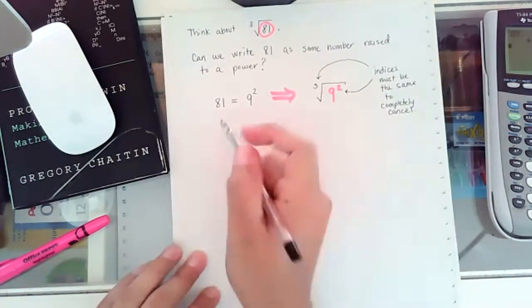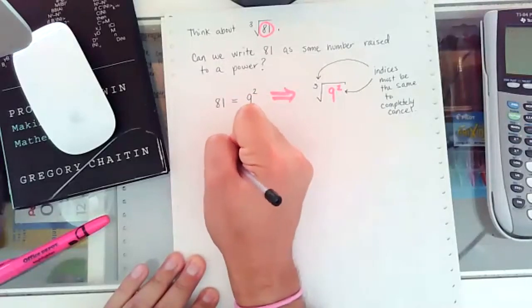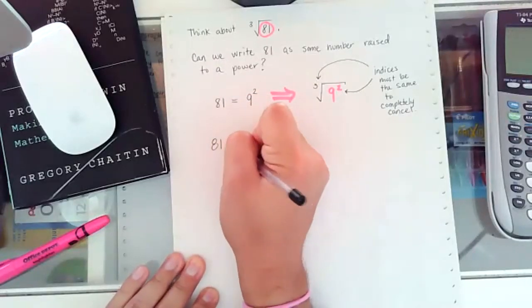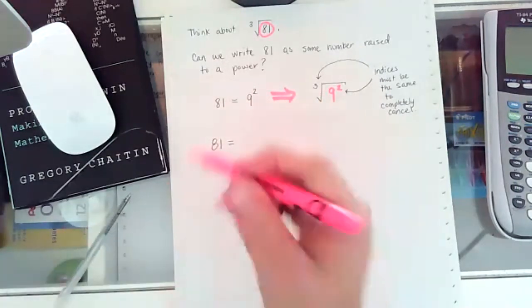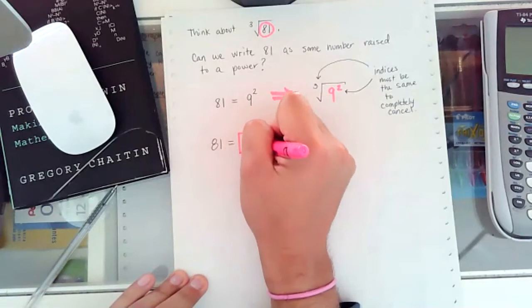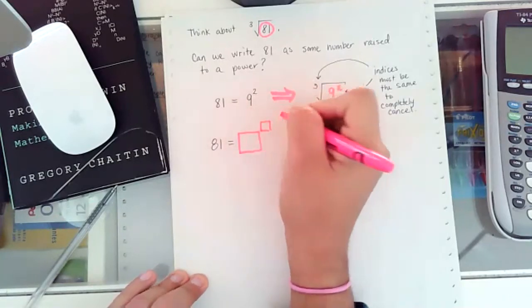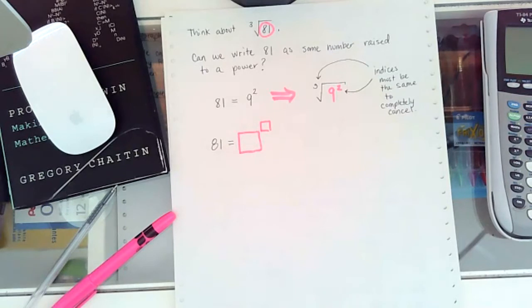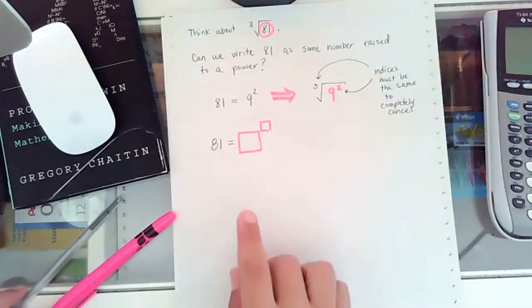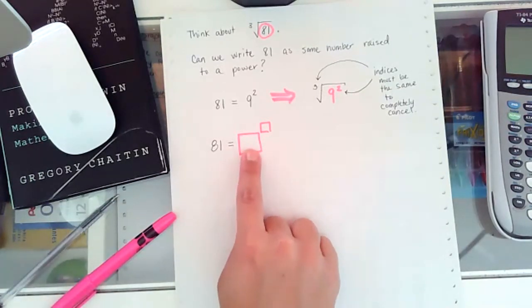So is there another way that we can write 81 as something raised to a power? So I'm going to put a little box here, something raised to a power. And here's where you might just play this game in your head, where maybe we guess what this number is.